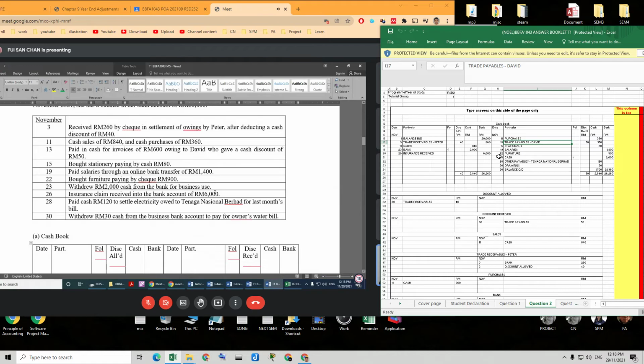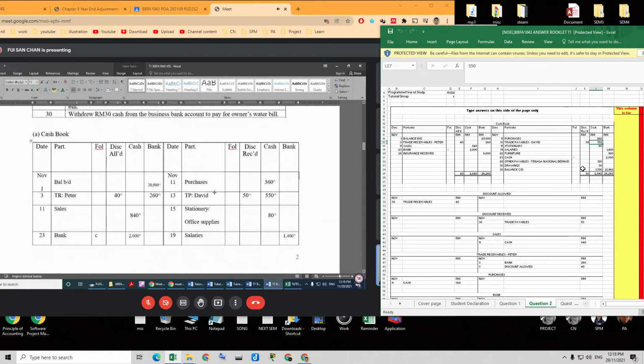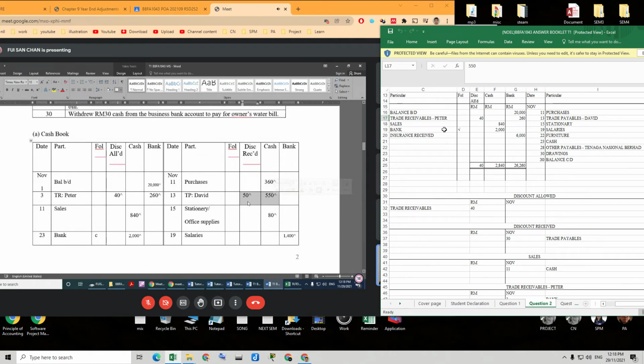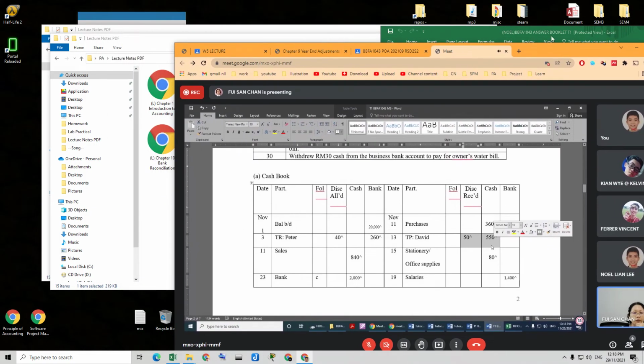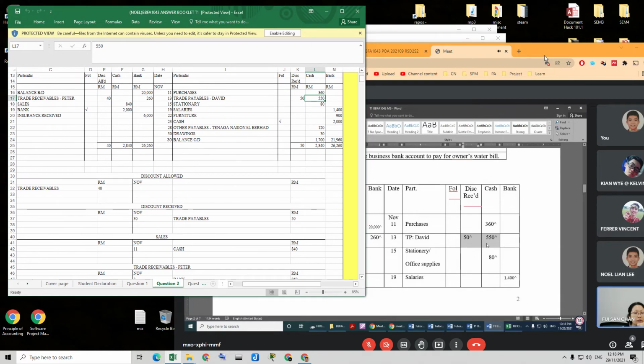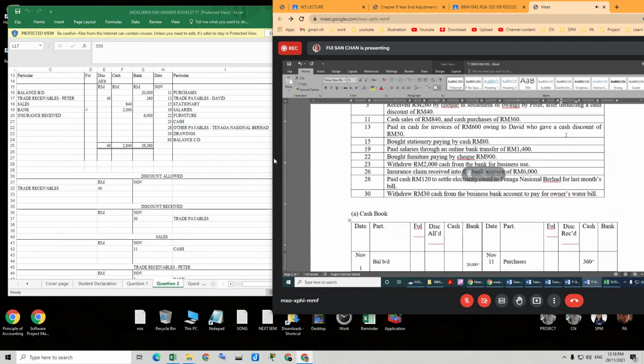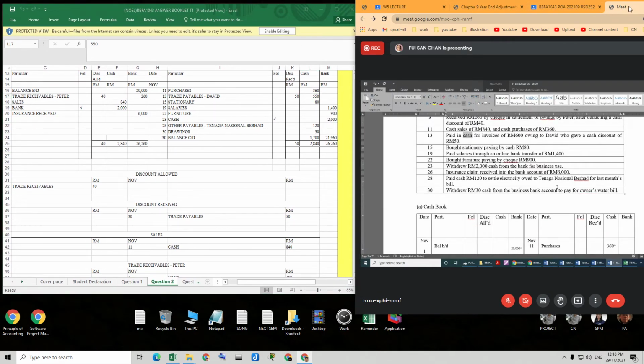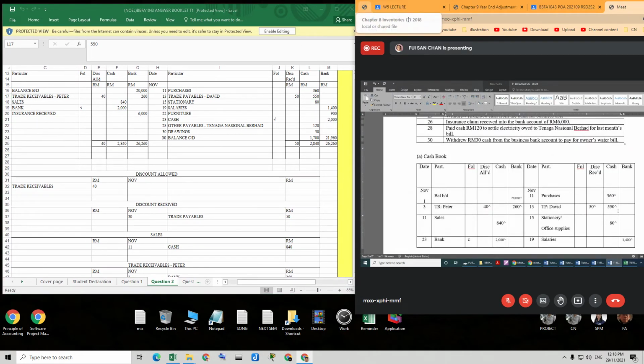So how much do we pay after discount? I think somebody got this one wrong. The discount is 50, so the remaining is 550, and it is in cash. So the answer should be like this.